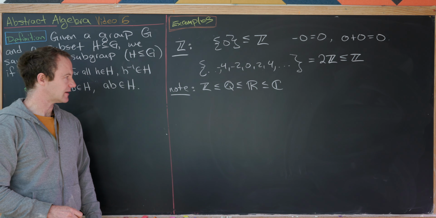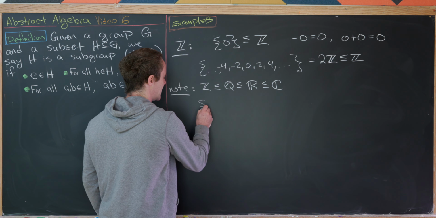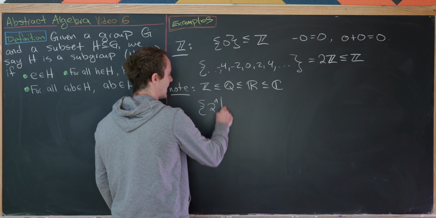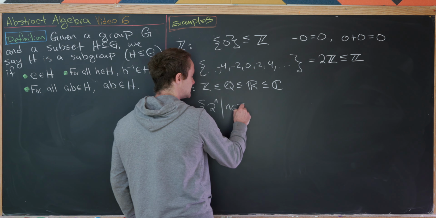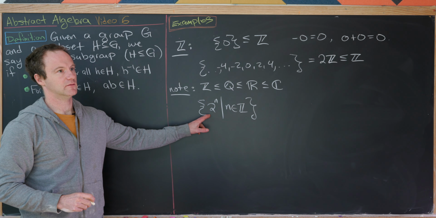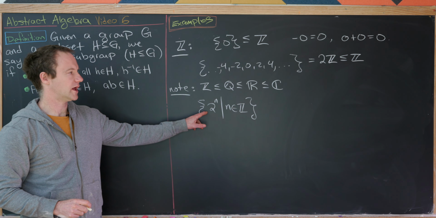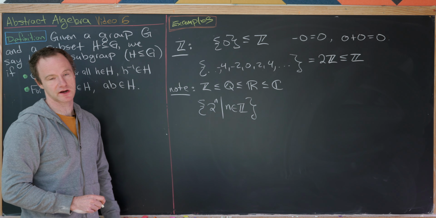And we could have the same sort of thing with multiplication. So notice we could take the subgroup of everything of the order 2 to the n, where n is an integer. So this would be like a half, 1, 2, 4, we've got a quarter, we've got an eighth, and so on and so forth.